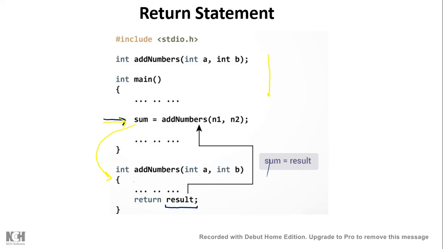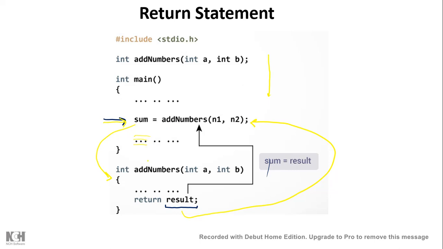The code written inside is executed, and the last line of this function is the return statement. Once this function returns the value of result, the value of result will be replaced here, and the control of the program will reach this point and further lines of code will be executed.